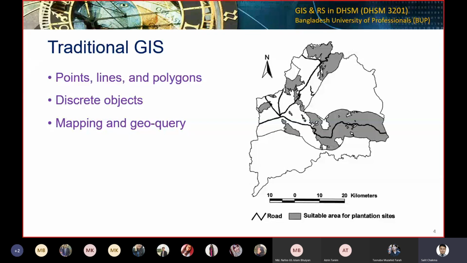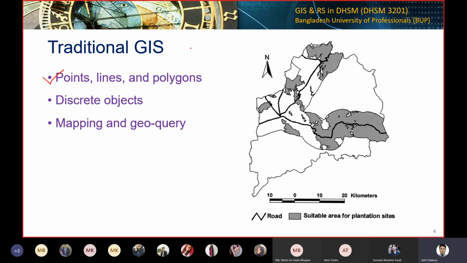So what are these discrete objects? For example, a road network, and suitable plantation sites. Now we have point, line, and polygons. The basic primitive is the point.